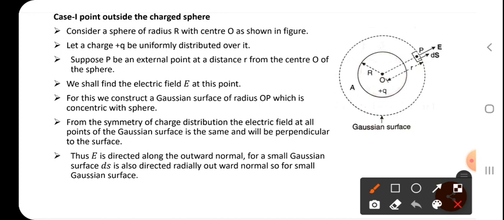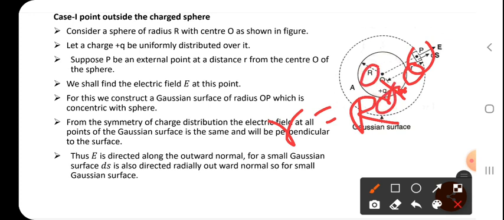So small r is capital R. Capital R is the distance from center to surface, and small r is also center to surface.